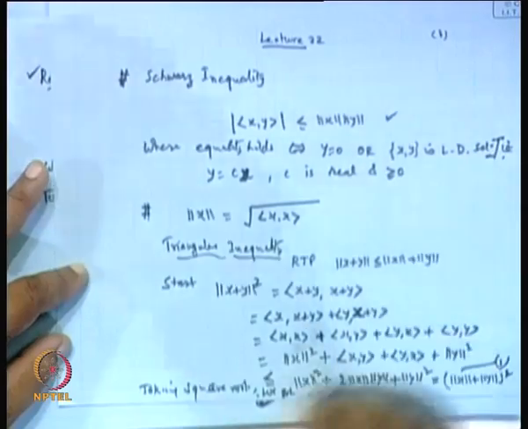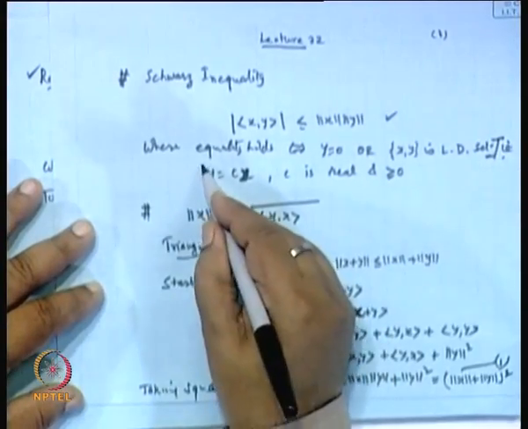Clear? But here it should be real and greater than 0. So, in fact, in the Schwarz inequality, this will be equal when x, y are linearly dependent. When you say x, y are linearly dependent, this part is not covered in the Schwarz, this portion.